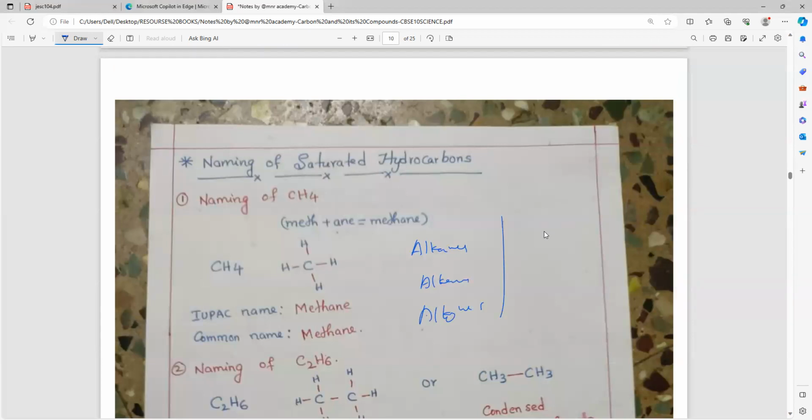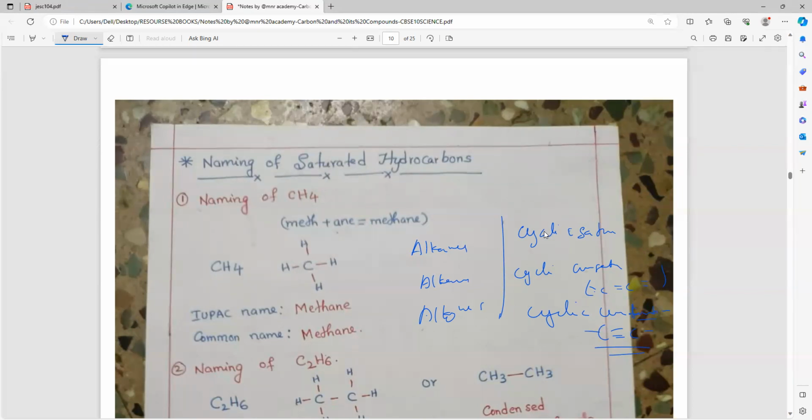Next, same way: cyclic saturated, cyclic unsaturated with double bond, and last one, cyclic unsaturated with triple bond. Are you clear, everybody?